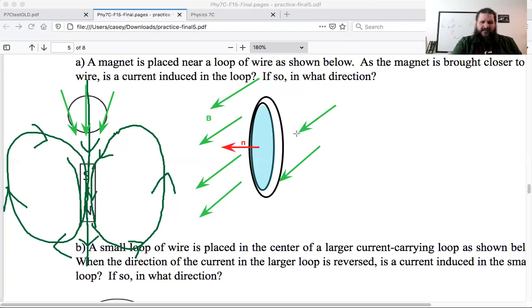Maybe this is our magnetic field in this region of space. We would still calculate the flux in the same way though. We just take the angle between the normal vector and the magnetic field vector. So this angle right here, that would be the theta we'd use in the AB cosine theta formula.